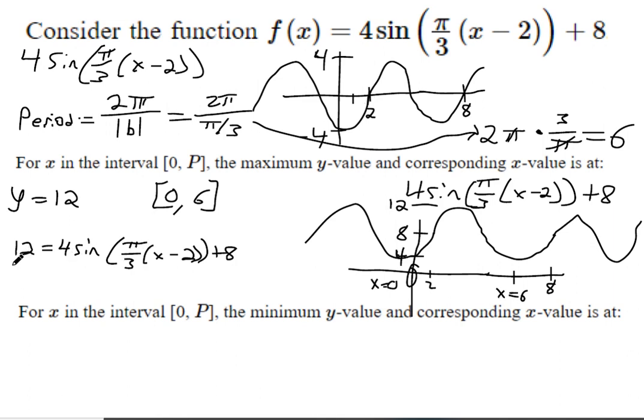But if you plug 12 in for where the y-coordinates are supposed to go, then you've got a little algebraic equation to solve. So subtract 8 from both sides. It's going to give us 4 equals 4 sine all this gibberish. And then if you're trying to get x by itself, man, it's really stuck in there, right? But you can divide this 4 from both sides because that says 4 times sine of x right now.